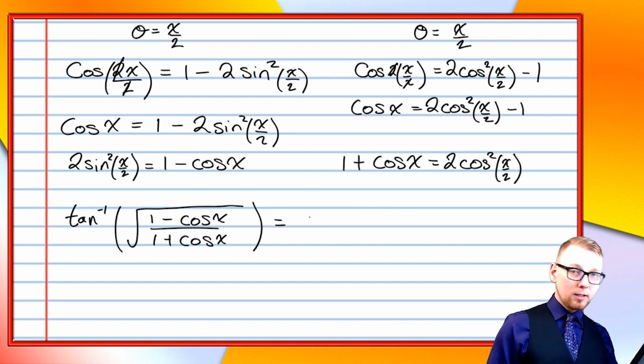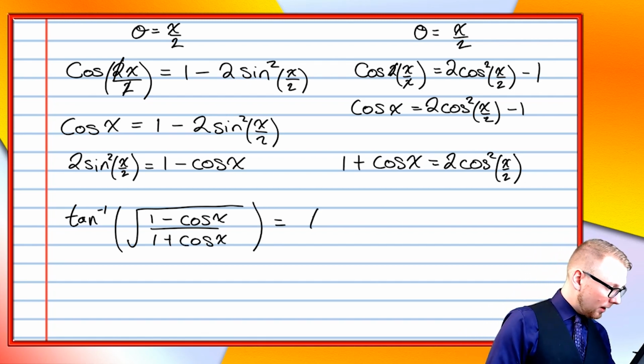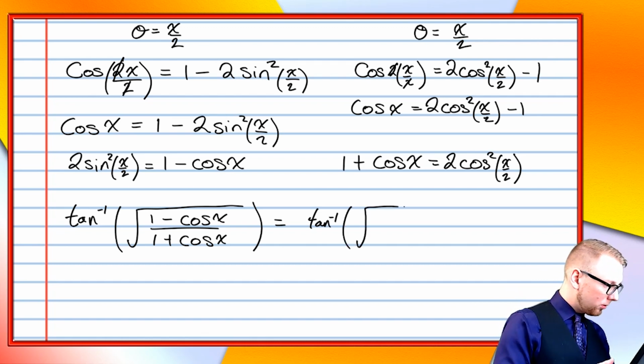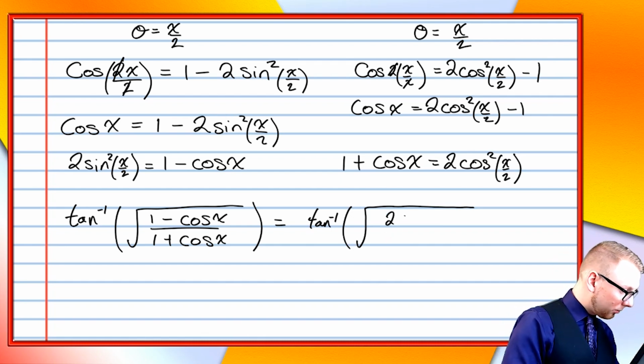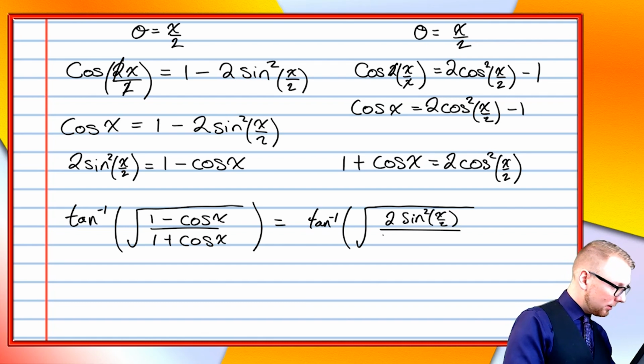This is going to become tan inverse of the square root. 1 minus cosine x is 2 sine squared of x over 2, and 1 plus cosine x is 2 cosine squared of x over 2.